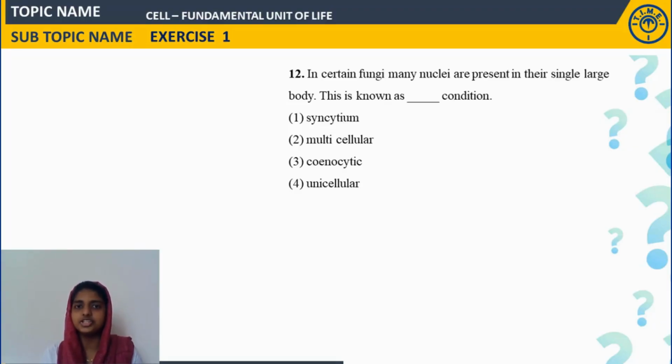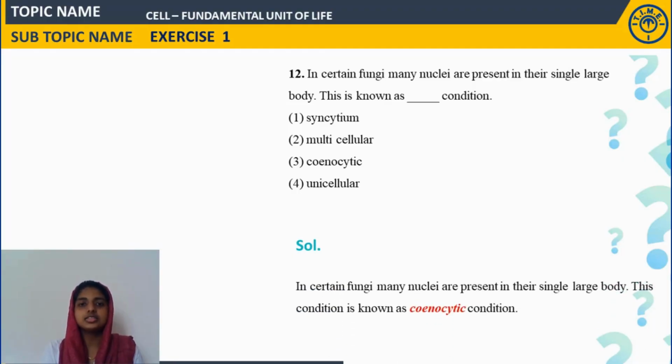Students, please note: the condition in which a cell has many nuclei is called cenocytic or multinucleate condition. So the answer for the question is option number 3, cenocytic.